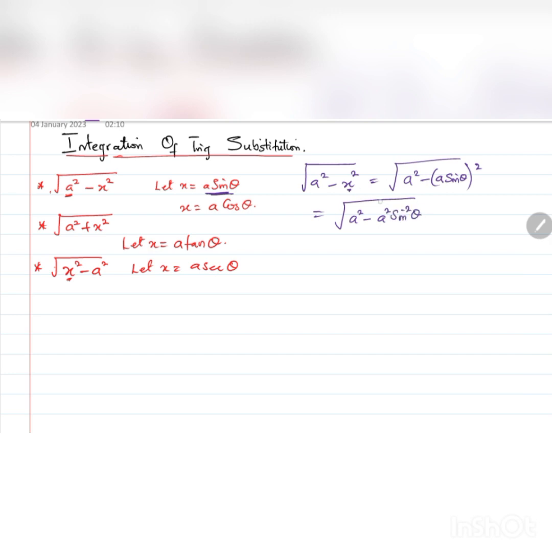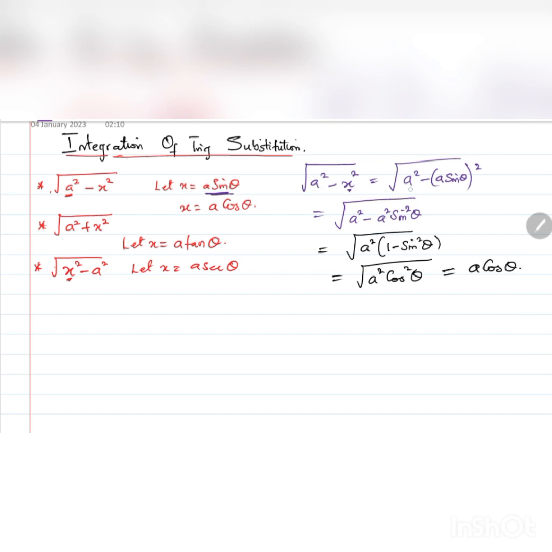From this, it will be very easy to eliminate the square root. In what sense? If I factorize what is in the bracket, I have the square root of a square into bracket 1 minus sine square theta, which is the same thing as the square root of a square cos square theta. Now at this point, I can eliminate the square root by saying it's the same thing as a cos theta.